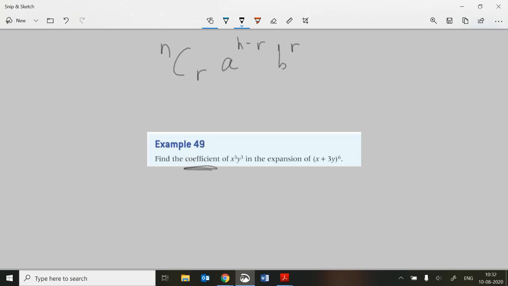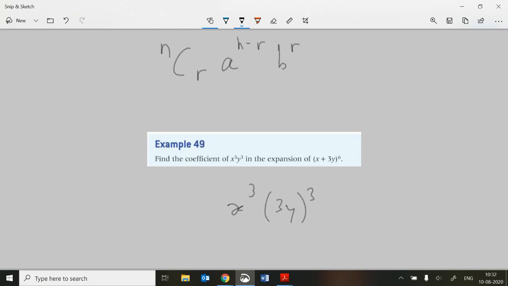So you should know what coefficient means. Coefficient means the number in front of this term. So in order to get x cubed, y cubed here, you can see that we're going to need to have x cubed and 3y cubed is going to deliver us that term.